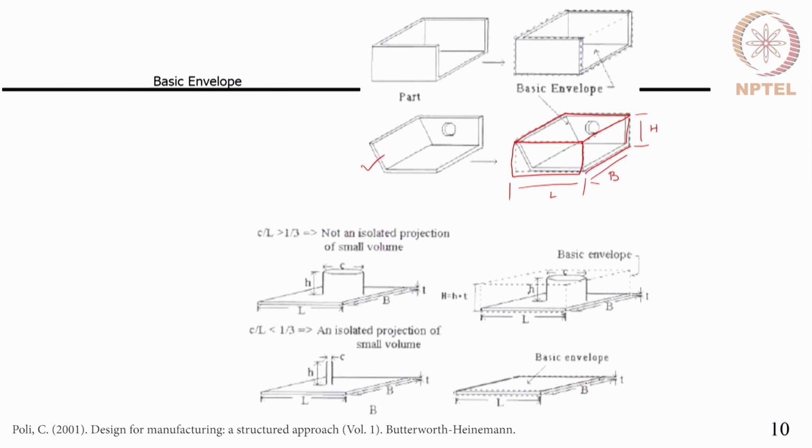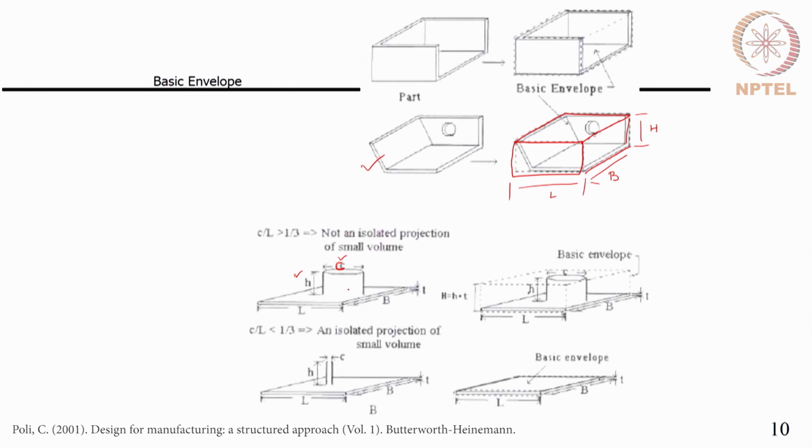So, if the part has different types of features, like this boss whose height is H and whose diameter is C, whether we should consider this feature to form a part of this envelope or not is decided based on the aspect ratio, the dimension of this feature to the dimension of the larger component.